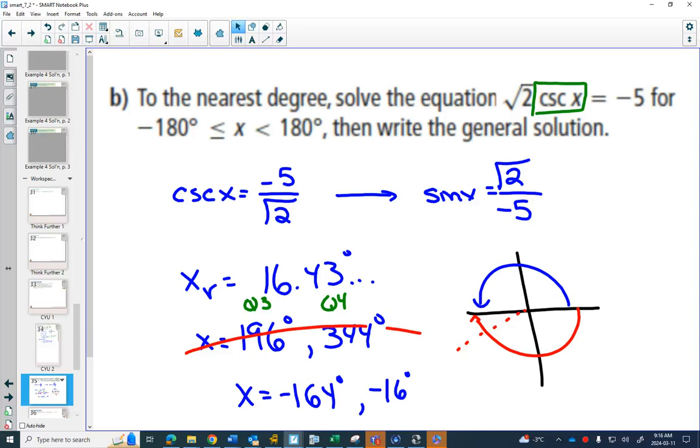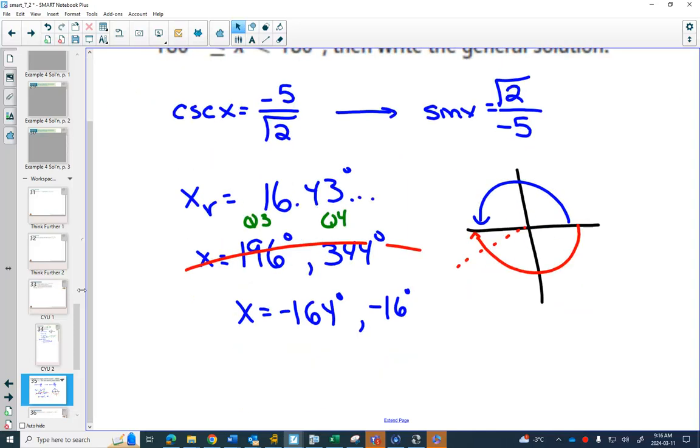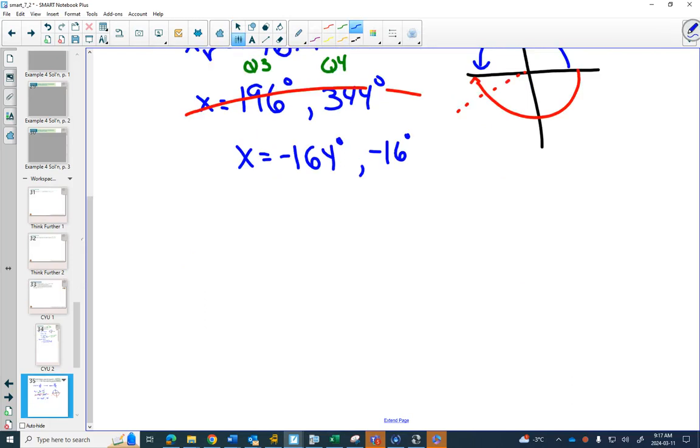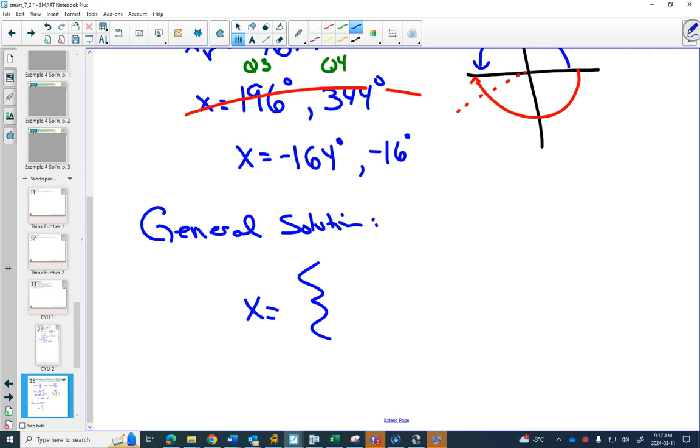For the general solution, we take our two answers. I like to use the positive ones, 196 and 344.